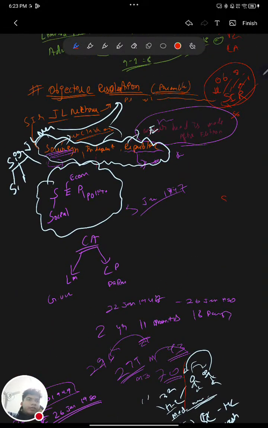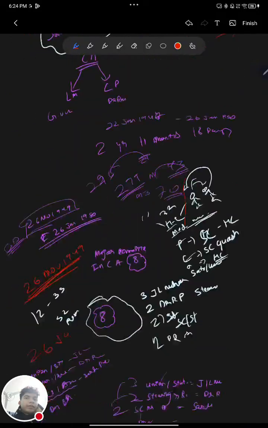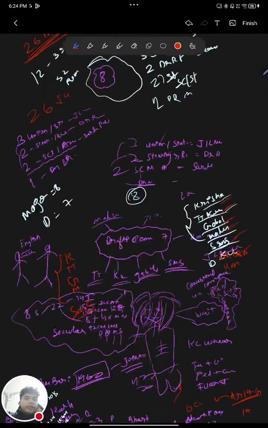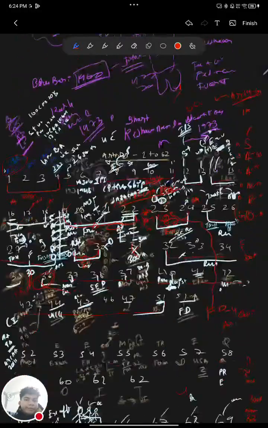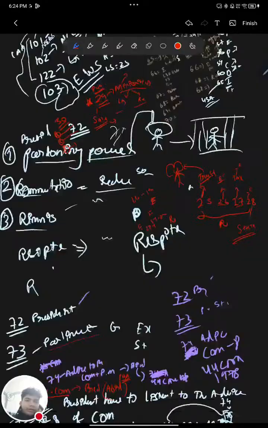The objective resolution talks about SIR, sovereign independent republic. Sovereign means own decision-taking capability. Independent means independent. Republic means our head is elected by an election process and no hereditary part is involved in it. And then these are all the articles I was doing.